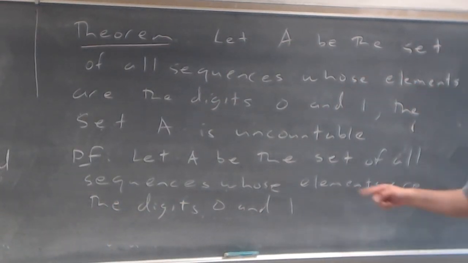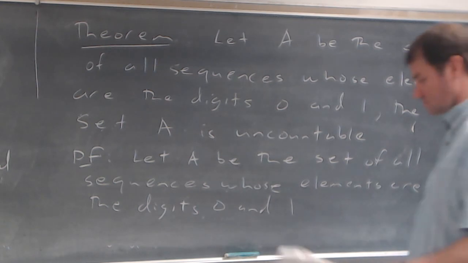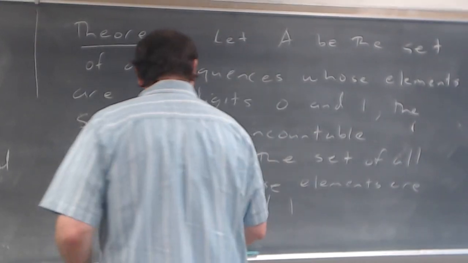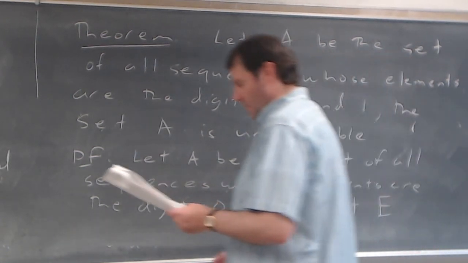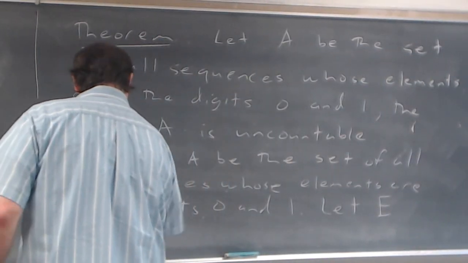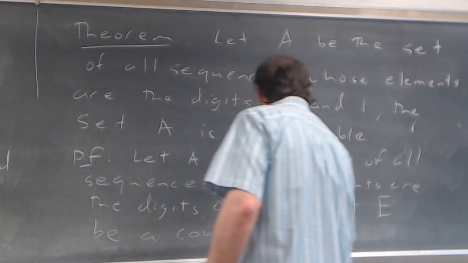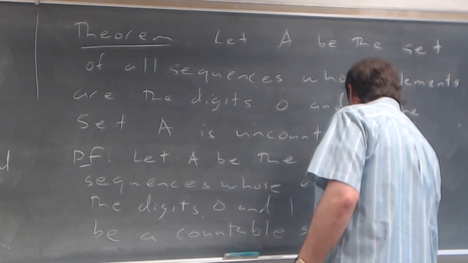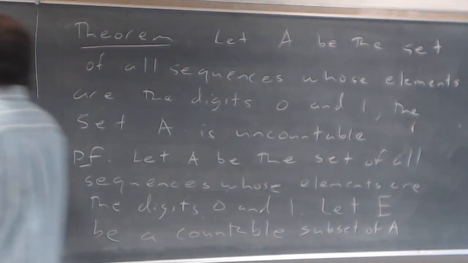You think of A consisting of all sequences, and each term of the sequence is either 0 or 1. Then we're going to let E be a countable subset of A. So it's just a generic countable subset of A.